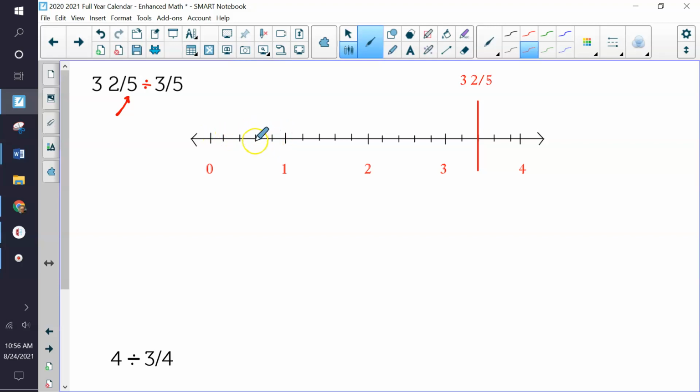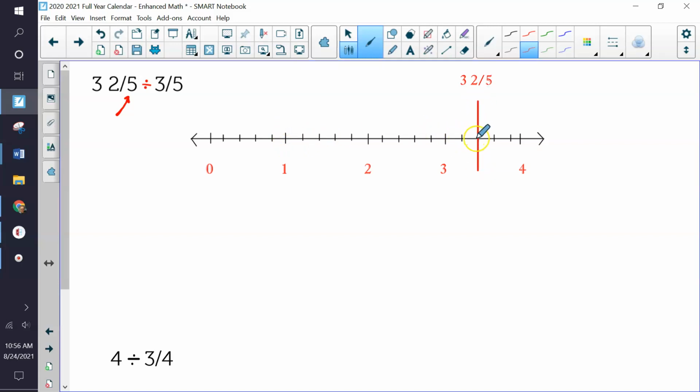Notice there are 4 lines, 1, 2, 3, 4, in between the 0 and the 1, in between the 1 and the 2, to mark off 5 spaces. So each of those are fifths. We have 1/5, 2/5, 3/5, 4/5, 5/5. So our 3 2/5 are marked off here.